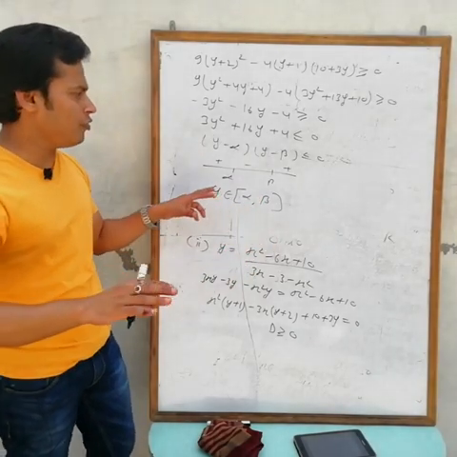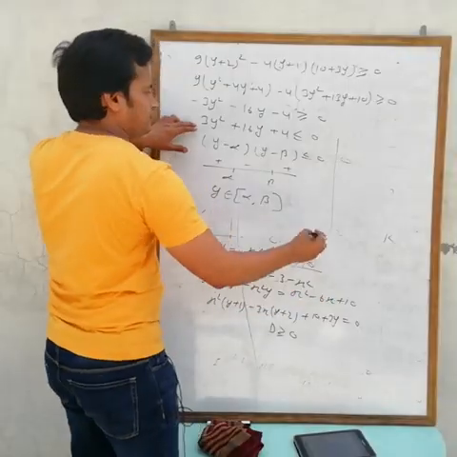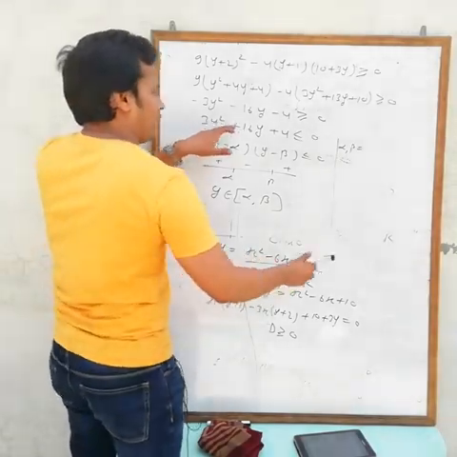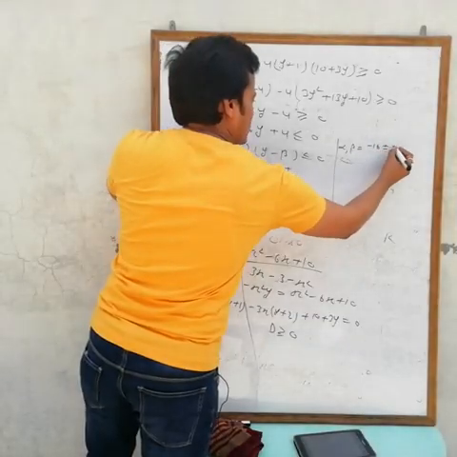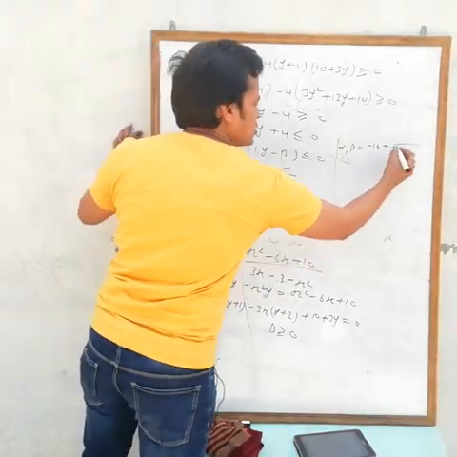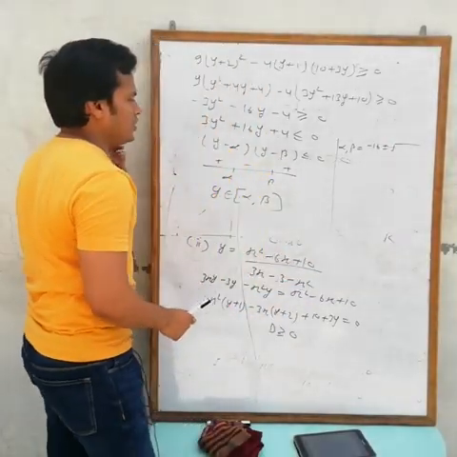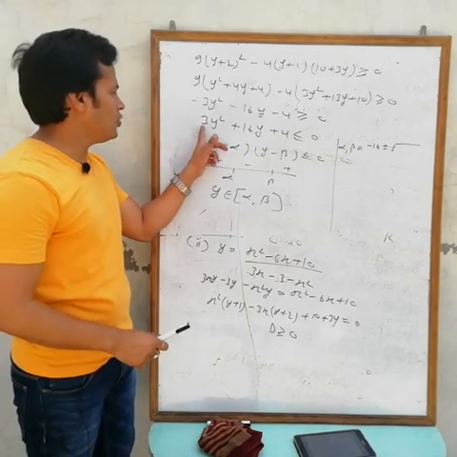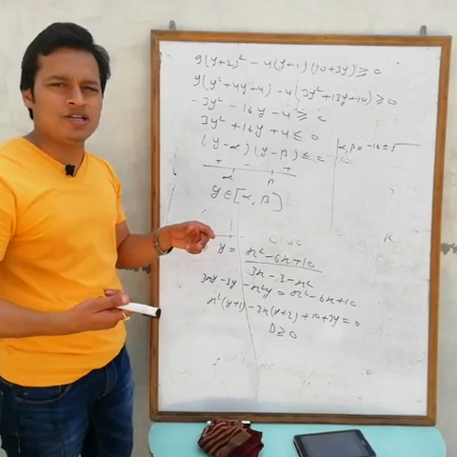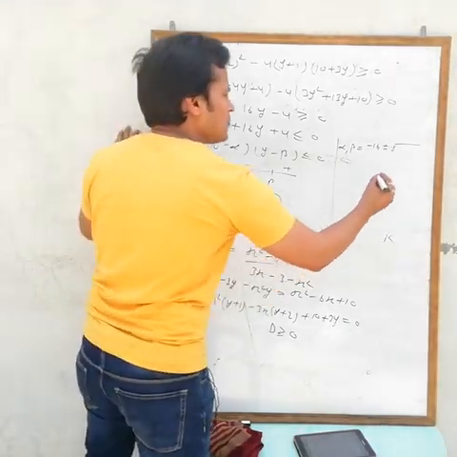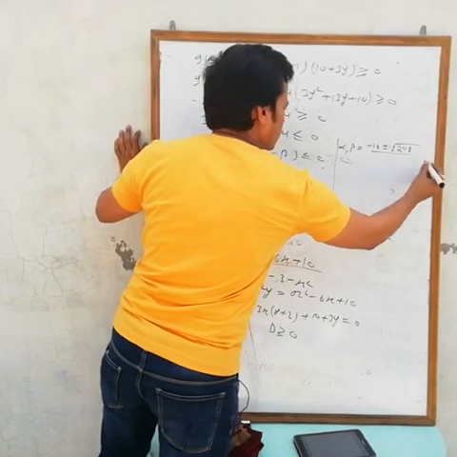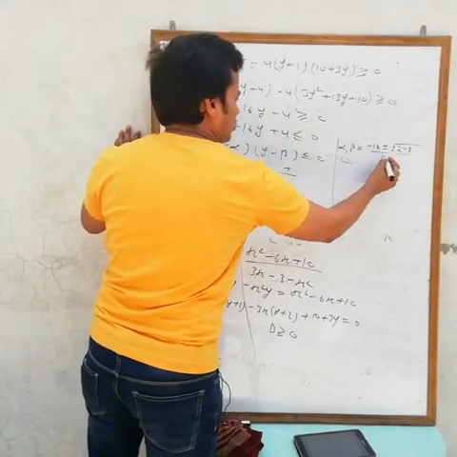Here, if you want the value of alpha and beta, use the quadratic formula: minus b plus minus root of b square minus 4ac. b square, 16 square is 256, 256 minus 4ac, 4 into 3 into 4, that is 48. 256 minus 48 is 208, by 2a, that is 6.